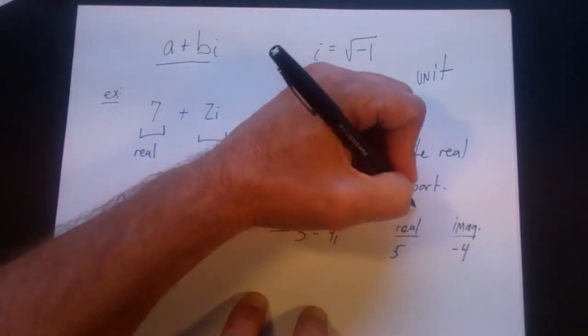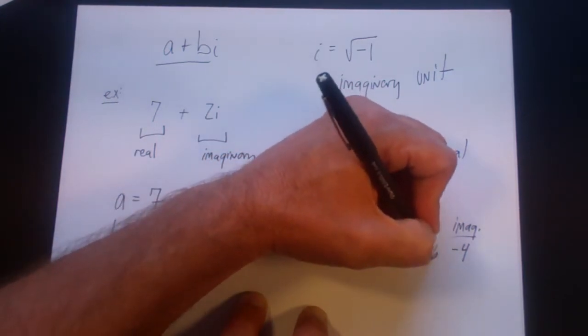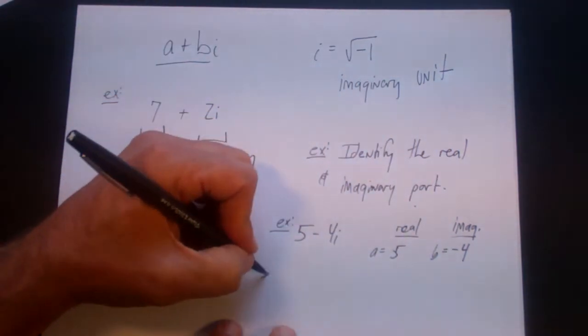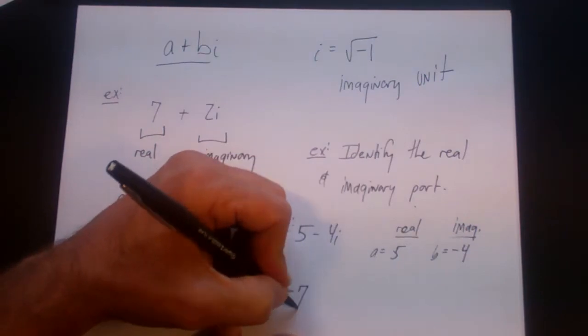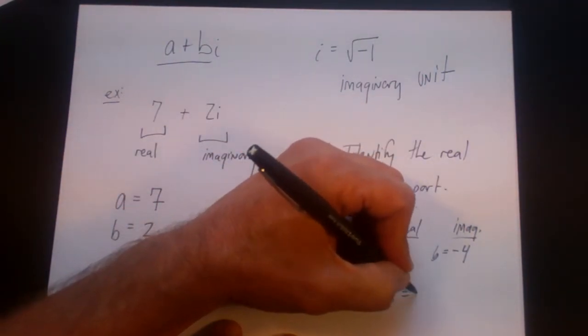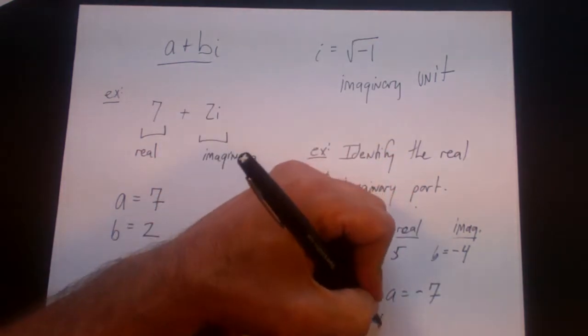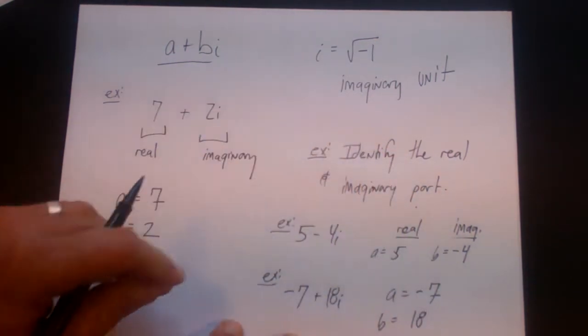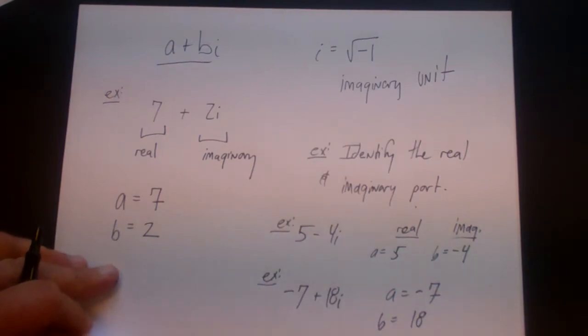So in other words, we say a is equal to 5, b is equal to -4. Another example, -7 plus 18i. We say that a is -7, that's the real part. b is equal to 18. 18 or 18i is the imaginary part.